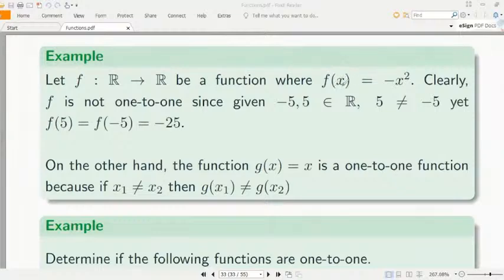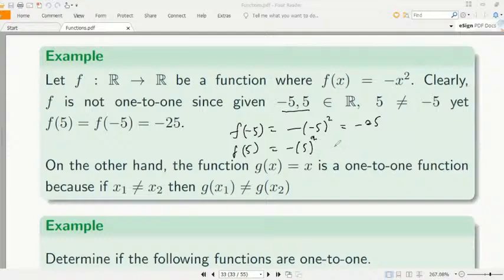Two different inputs, would I get two different outputs? I'll try 5 and -5 as my inputs. f(-5) will be -(-5)², and this is -25. f(5) using this definition is -(5)², and this is -25.